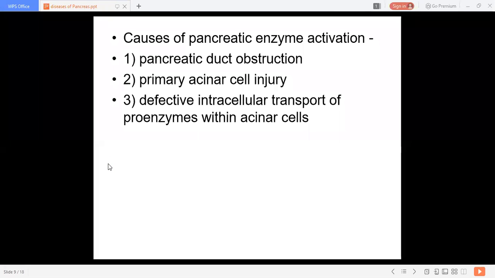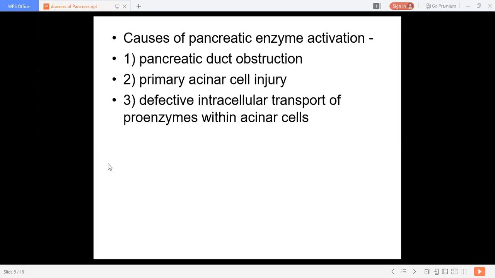This blockage causes accumulation of enzyme-rich fluid, like trypsin. The blockage due to gallstones causes accumulation of enzyme-rich fluid.